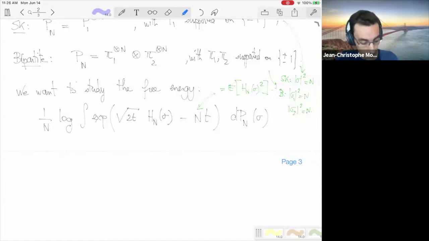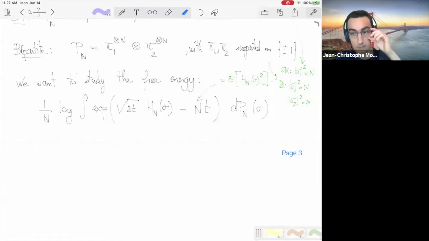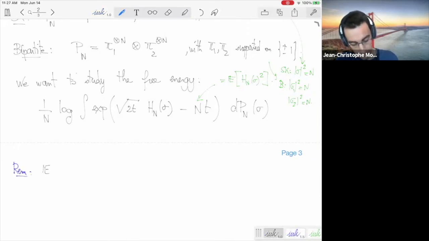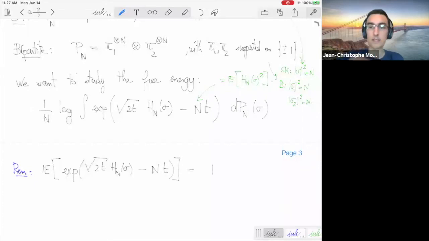Okay, and perhaps one motivation for setting it up like this, that's a small remark, is that if we take the average of this exponential, then this is equal to 1. This is in fact the calculation I mentioned when I discussed Ito calculus without Ito.